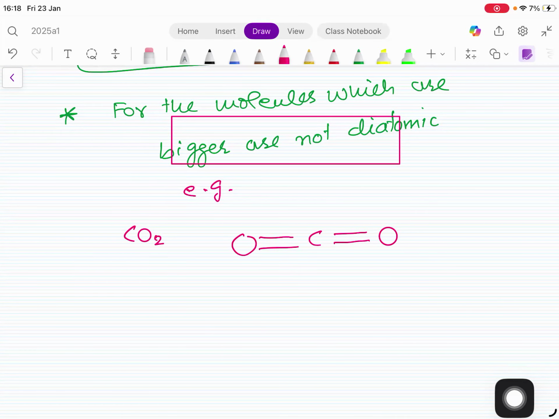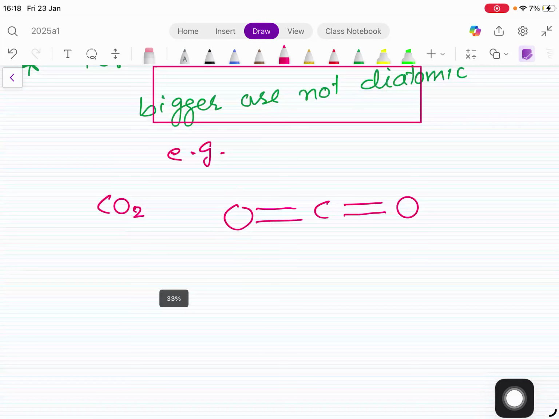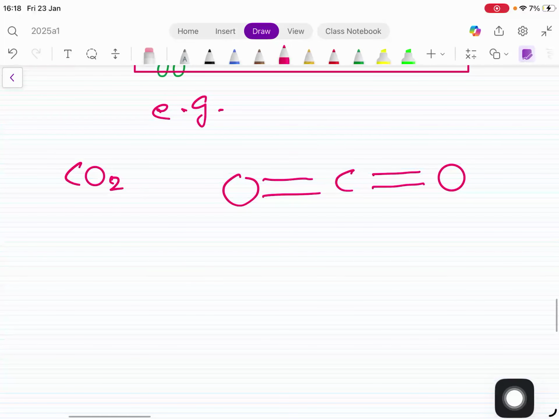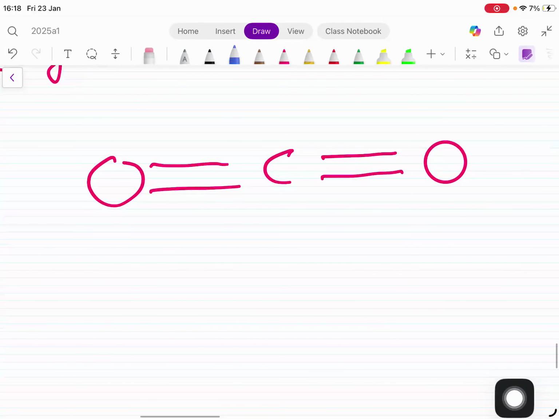Carbon dioxide, after drawing dot and cross and looking at the shape in the previous part, I got to know it's linear. Now, please stop writing and pay attention. Out of oxygen and carbon, oxygen has more electronegativity. Am I right? So this side is going to be partial negative, and this side partial positive. On the left side, the same is the case.